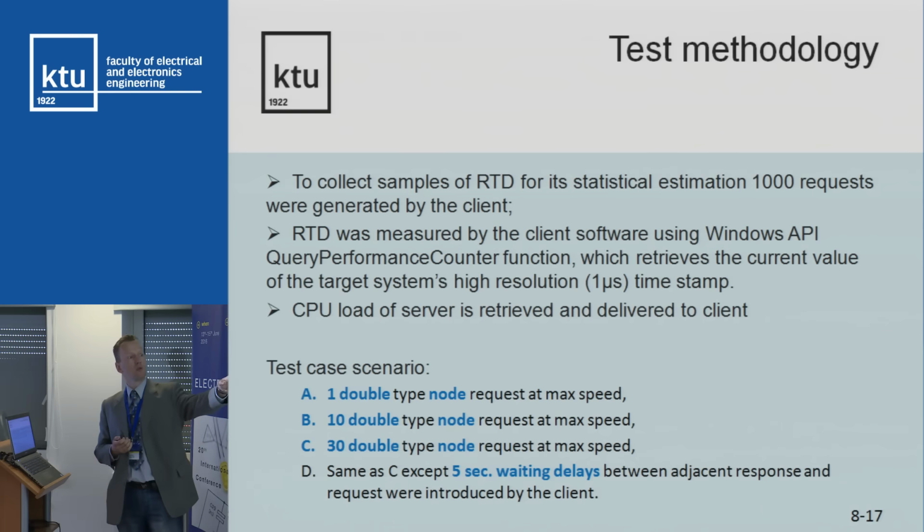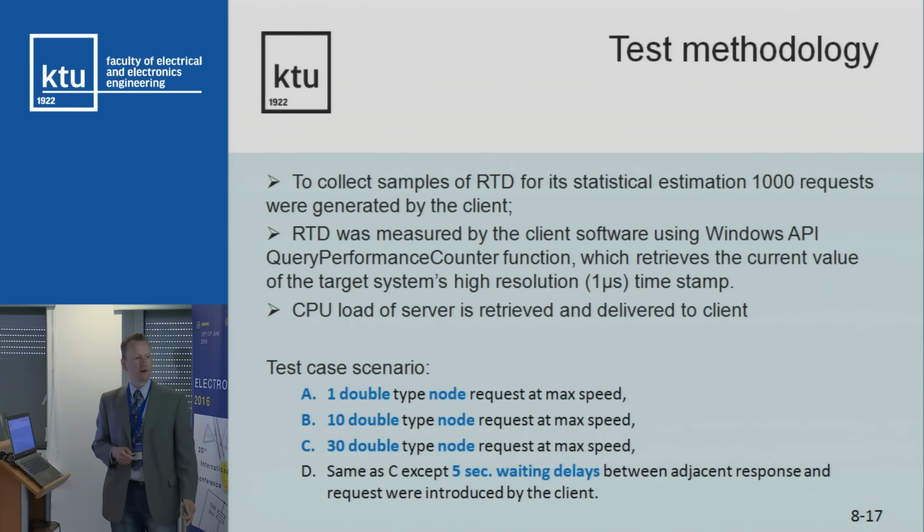CPU load was also observed internally in the IoT gateway and delivered to the client together with the answer, so the answer for which delay was measured included the current CPU load of that gateway.